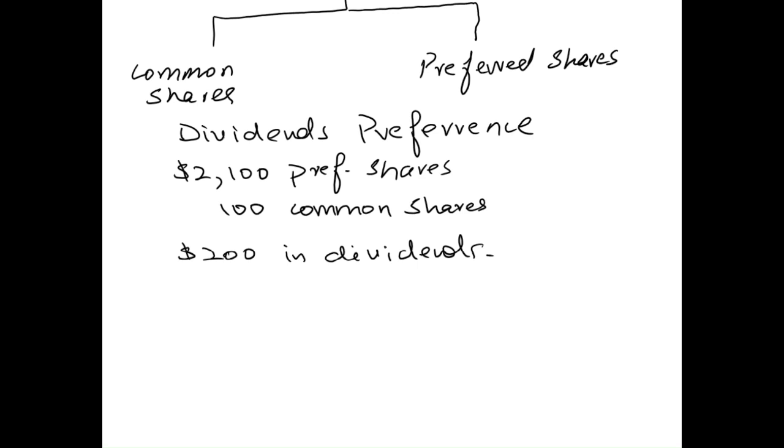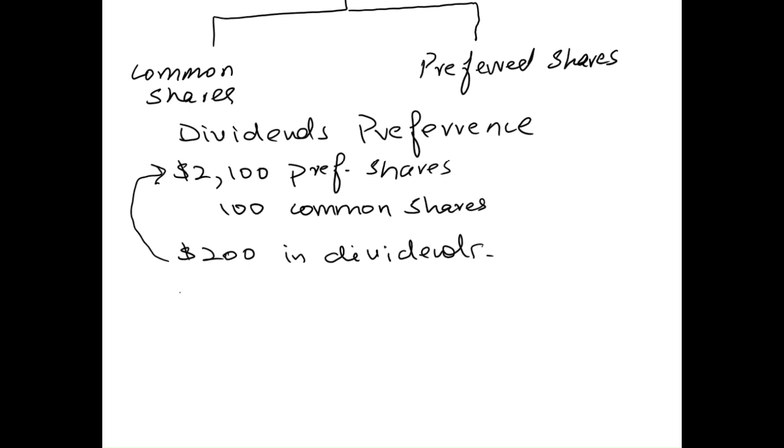So what's going to happen is the preferred shareholders are going to get this full $200 because for one share, that is $2, and there's 100 preferred shares. So this full amount goes to the preferred shareholders, and nothing goes to the common shareholders. So that is one difference.